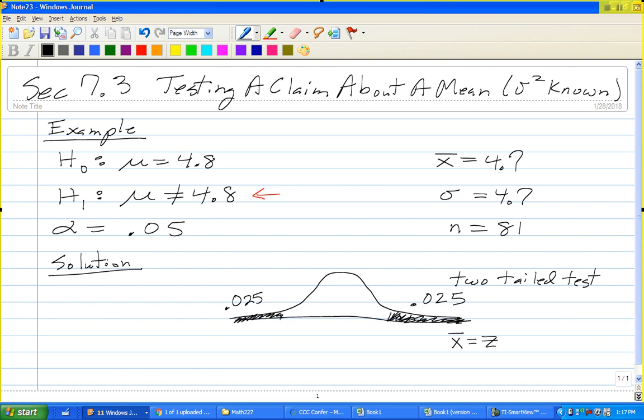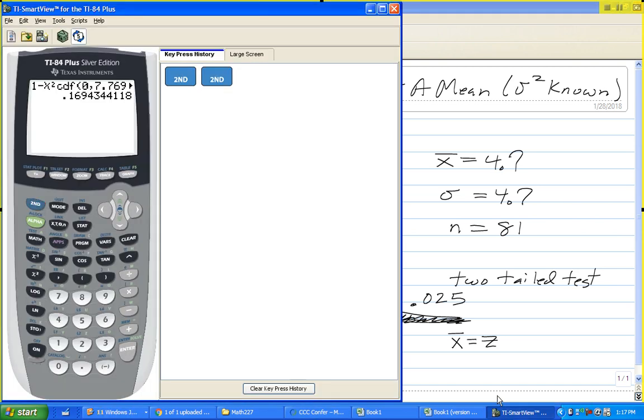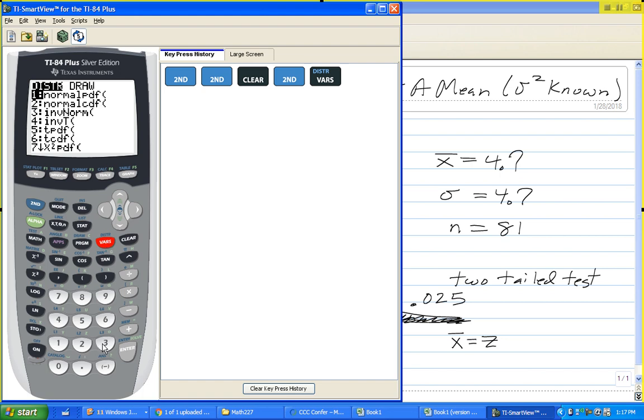I then need to find the critical value. I can look in my table, or let's see if this works. 0.025. So I'll do inverse norm of 0.025.